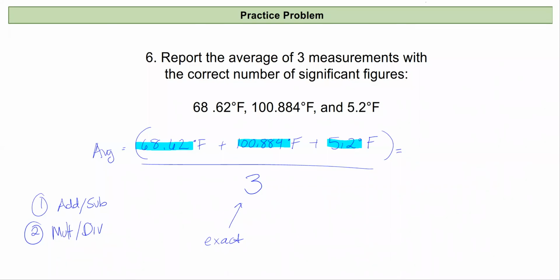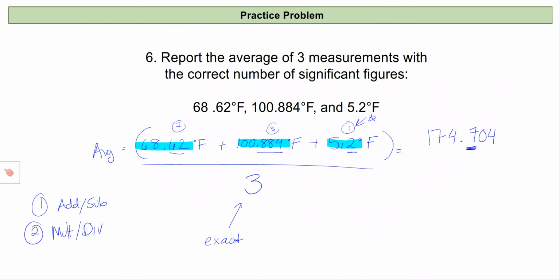So when I add these up in my calculator, I get 174.704. And looking at my decimal places, I've got 2, 3, and 1. And so this is my least. So I'll report 1 decimal place.